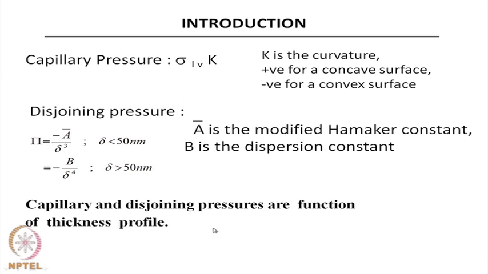Now, we are going to introduce certain specific terms which would help us in characterizing and understanding the process. The first factor which we are going to discuss is the capillary pressure. The Young-Laplace equation, as I said, is PL minus PV equal to sigma K, where sigma is sigma LV, the liquid vapor surface tension, and K denotes the point value of the curvature.